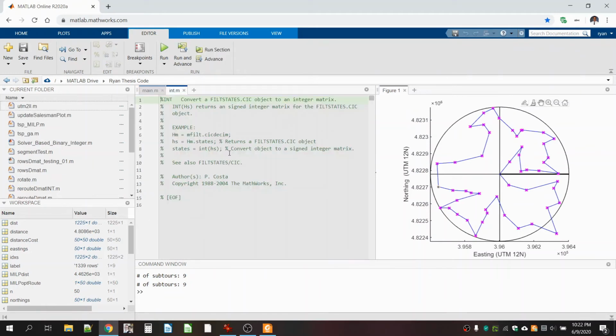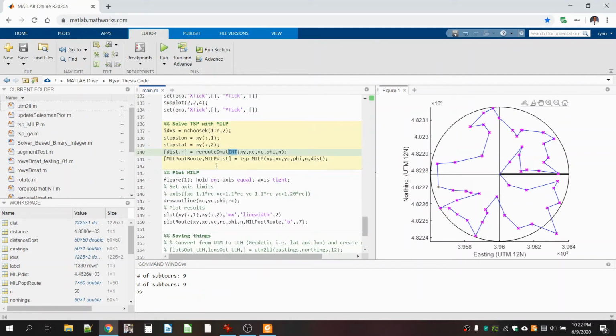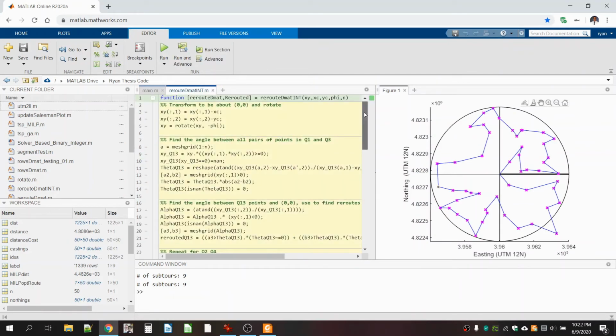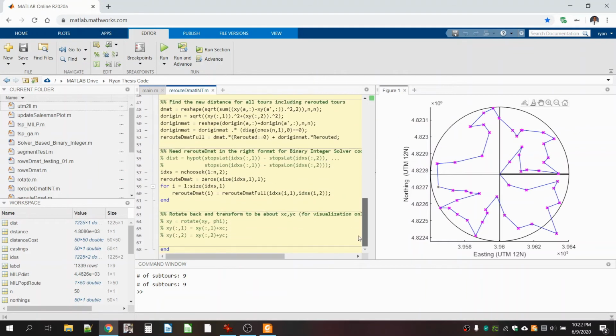And what this is doing, Control D to look at this, it's the same thing as before, except this algorithm doesn't want an n by n matrix. It wants a column vector of all of these distances. So that's what this is doing.